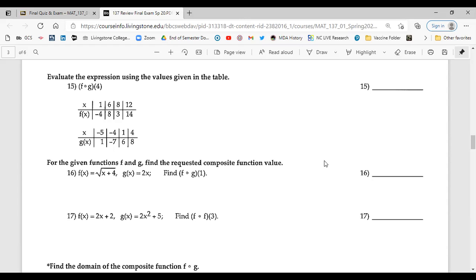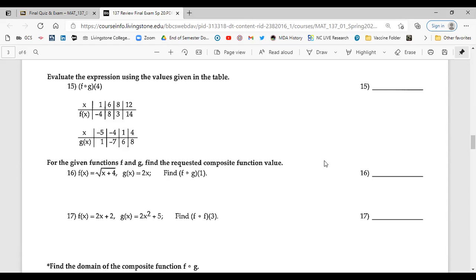Yes, sir. All right. This is number 15. We have f composed with g of 4. And I'm going to redo this table here. So we have 1, 6, 8, 12.